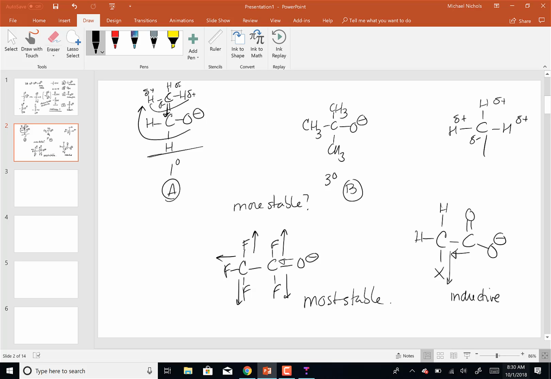What is not stabilizing is to push electron density into a negative charge. That's not going to stabilize it. So having a fluorine here would stabilize it; just having a CH2 doesn't. And of course, the more alkyl groups you attach to the carbon with the O-, what's going to happen?